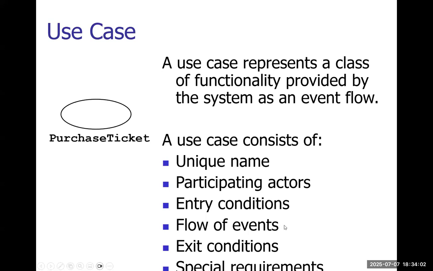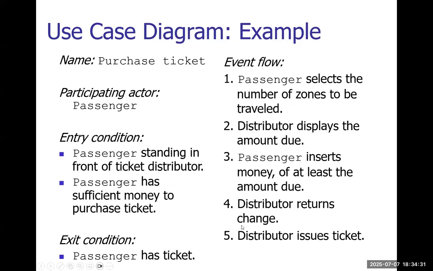Flow of events defines the activities and tasks involved when I purchase a ticket, step by step. So in your lab 6 and your project, when I ask you to draw the use case diagram, each use case must contain the flow of events. This is the most important part of the use case.